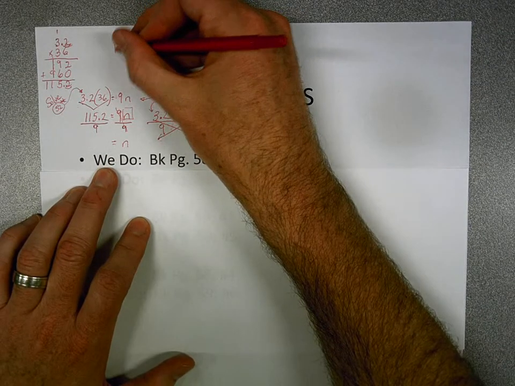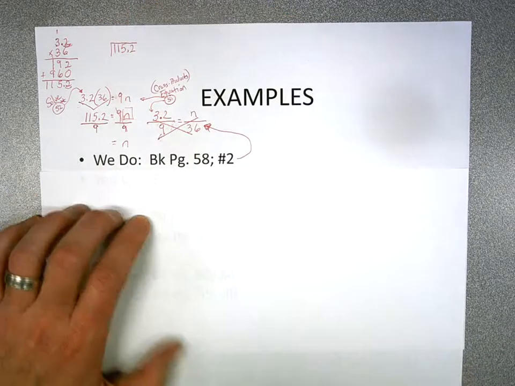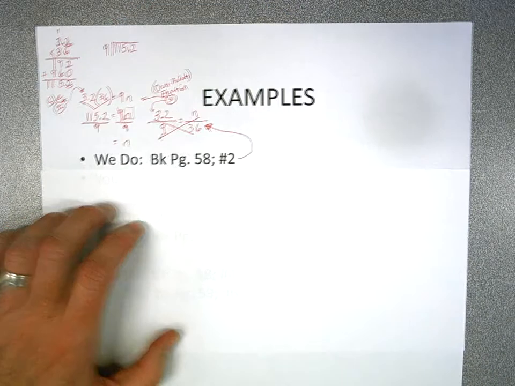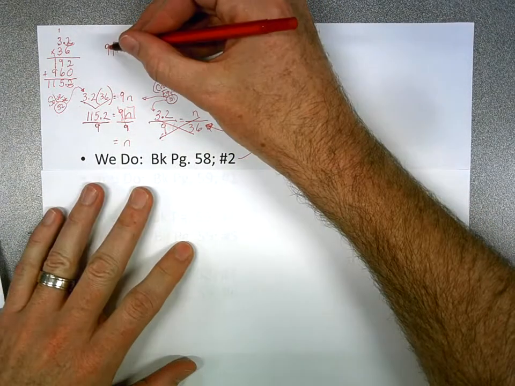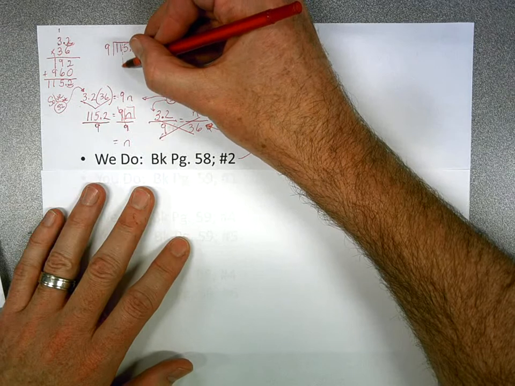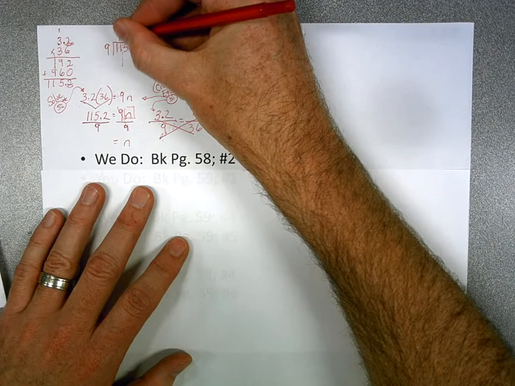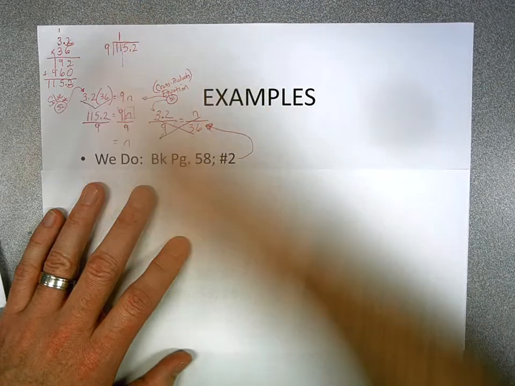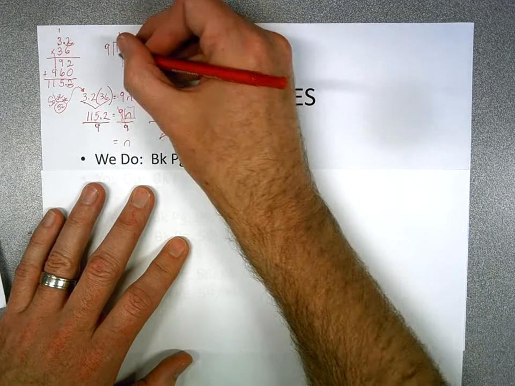So 115 2/10 divided by 9. A little bit of long division. It's a single digit divisor, so that's nice. 9 doesn't go into 1, but it does go into 11. I could build a little wall here. 9 goes into 11 without going over just one time. So I put 1 right next to that wall, right above that second 1 in 11. 1 times 9 is 9.